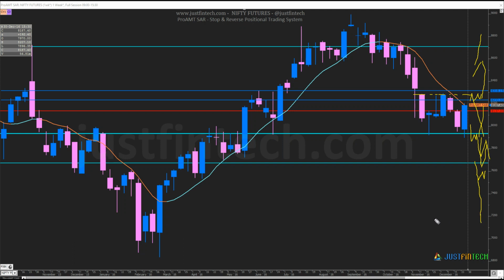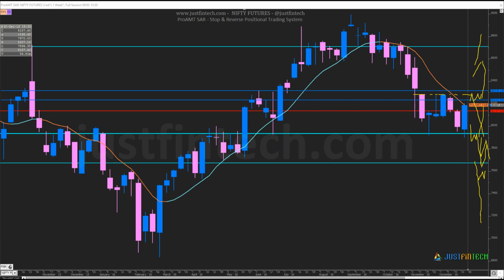So this is the broader scenario which I will be looking at through the year, unless and until it goes way beyond these levels. I think these levels are fairly what it will probe during the entire year.